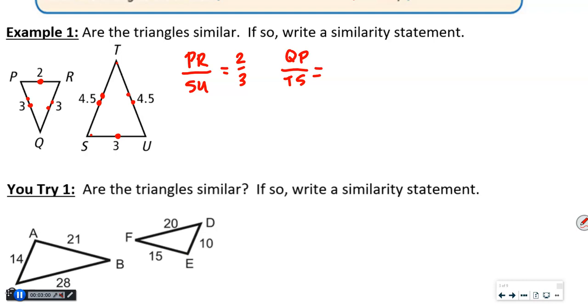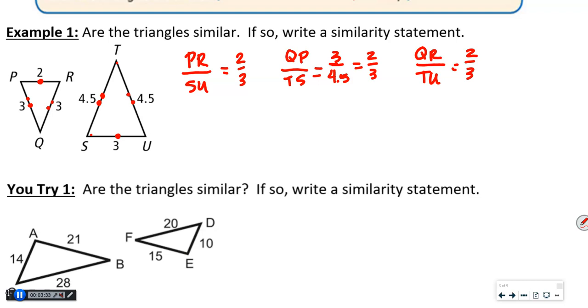So it doesn't matter whether we compare QP to TS or TU, but we're going to go around the triangle. This time we get 3 over 4.5, and when I reduce that, I get 2/3. Then we do QR over TU, and that's the same, 2 over 3, because it was 3 over 4.5.